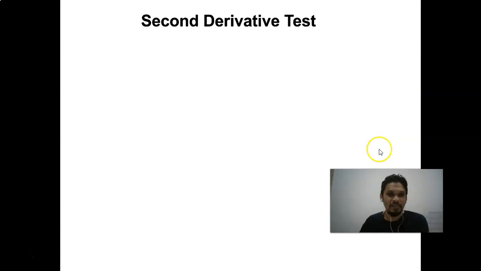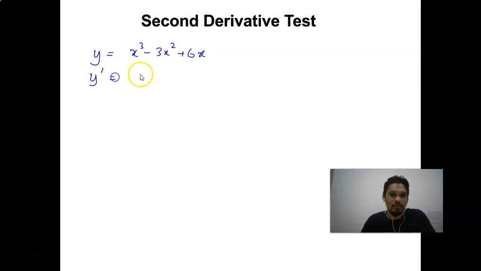Okay, second derivative test. From y equals x cubed minus 3x squared plus 6x, then y prime or dy/dx equals 3x squared minus 6x. We make y prime equal to 0, where 3x squared minus 6x equals 0.